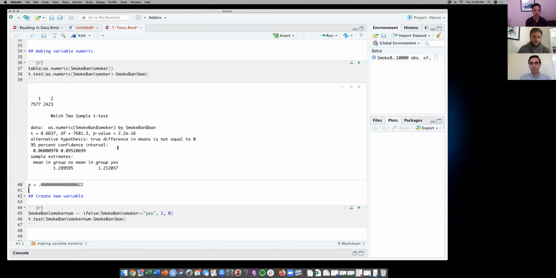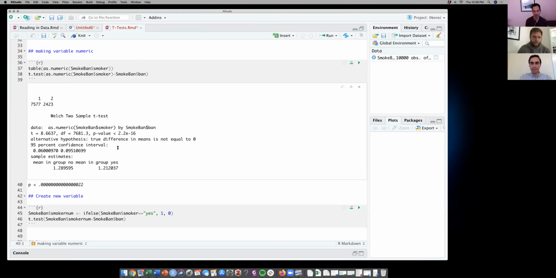So just to rephrase that point, just to make sure, what you mean is that the probability that you'd get this kind of sample, even though there actually wasn't a difference between the two groups, the probability of that happening is 0.00000000000 blah blah blah 22.